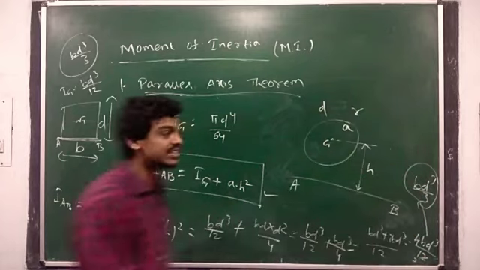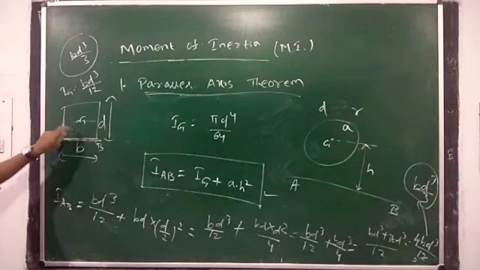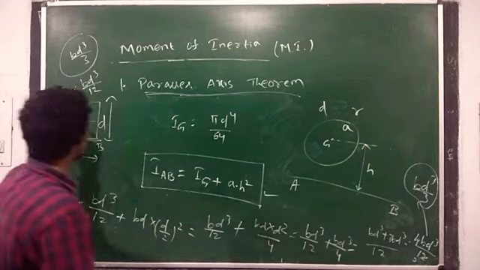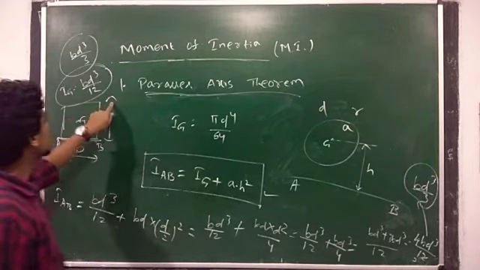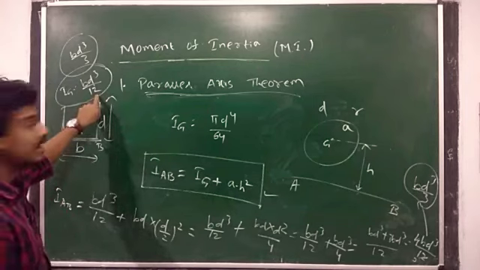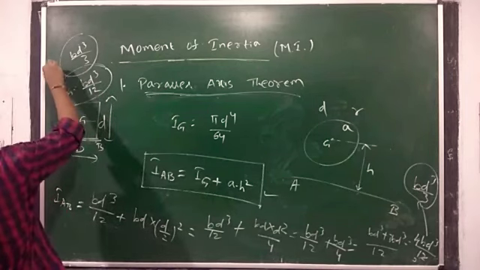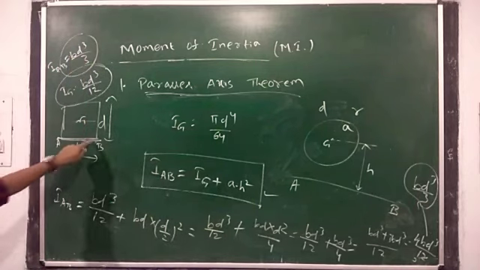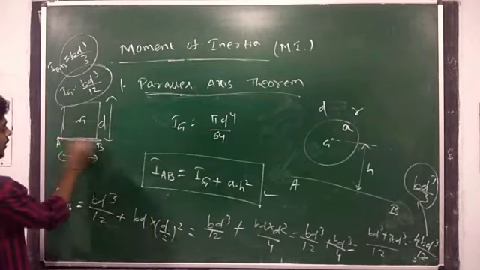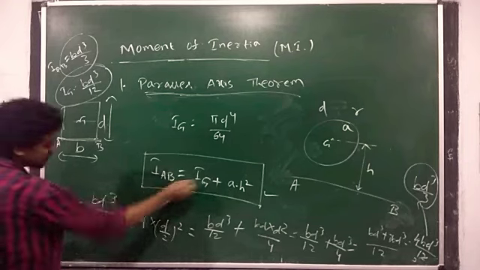For your better understanding, I calculated for a rectangular section. In the rectangular section, I already wrote in the previous part BD cubed by 12. Along the base, I have written here BD cubed by 3. I just wrote the formula. You can calculate by using the parallel axis theorem along the AB. So Ig, put it here.